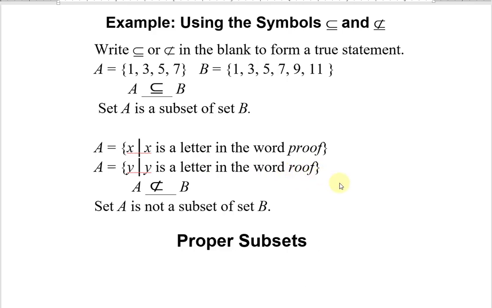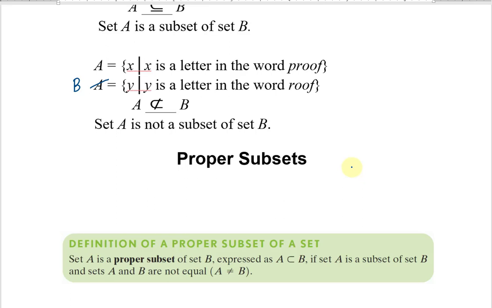Now, this should be B. Set A is not a subset of set B because not all the elements of A are inside set B. We are missing the letter P. So P is not here. So that is the definition of the subset.